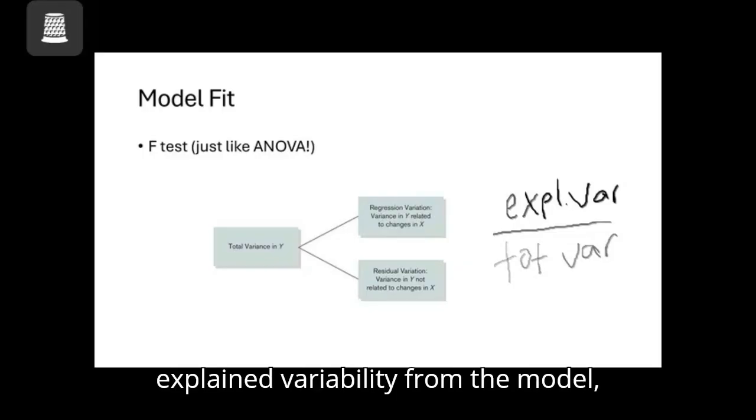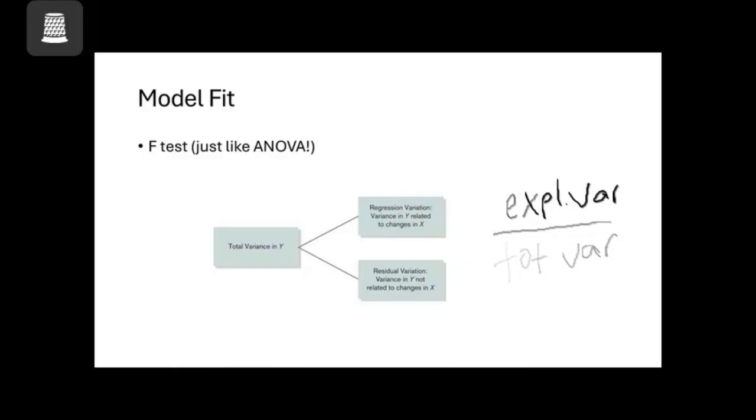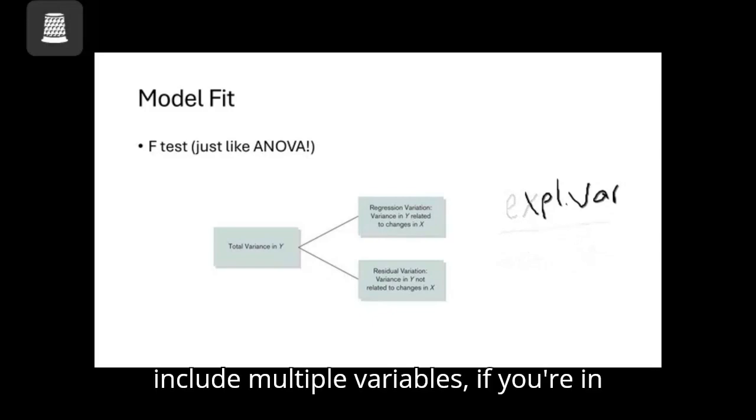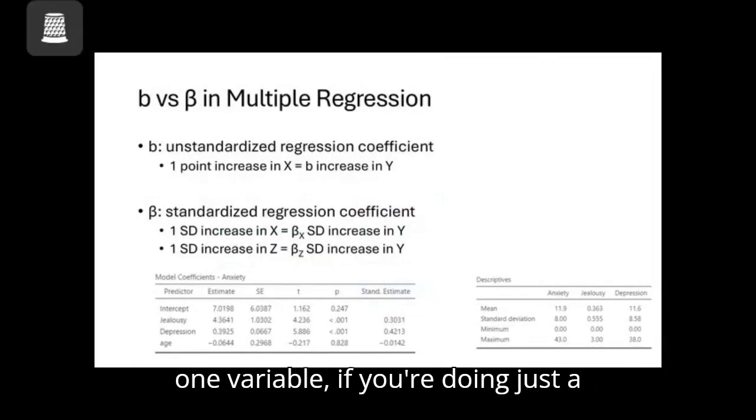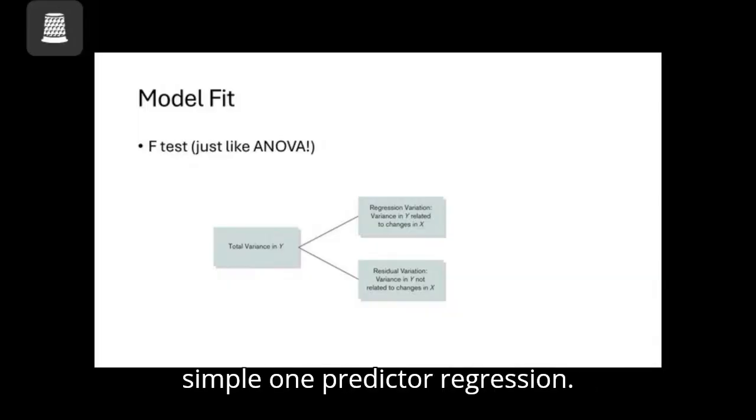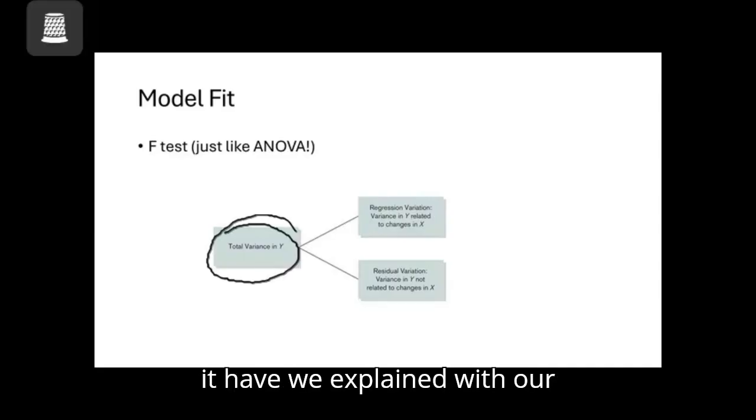So our explained variability from the model, and that model can include multiple variables if you're in multiple regression, or it can be one variable if you're doing just a simple one predictor regression. What is the overall variability, the individual differences in this Y variable, and how much of it have we explained with our model? The more predictors we add in, the more we should be explaining.